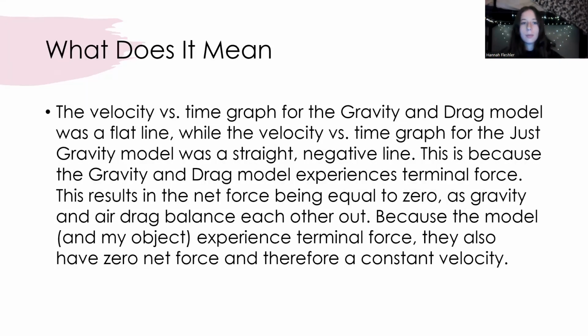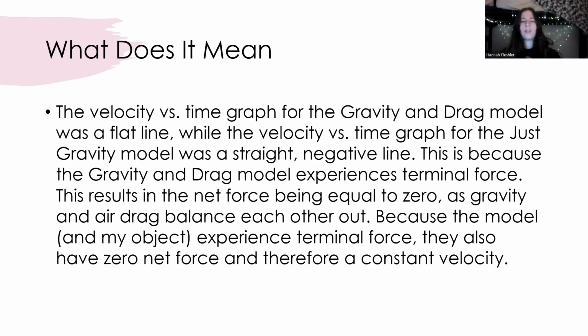All right, what does it mean? The velocity versus time graph for the gravity and drag model was a flat line, while the velocity versus time graph for the just gravity model was a curved negative line.